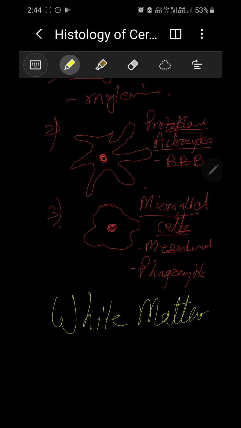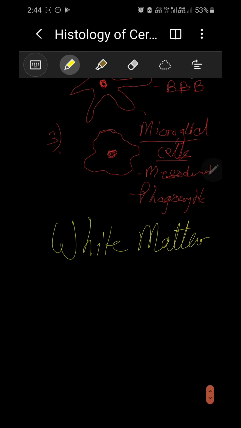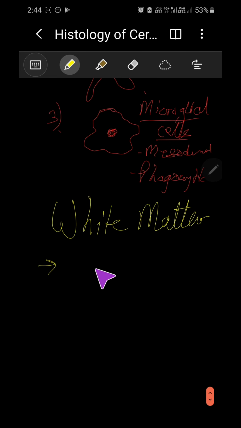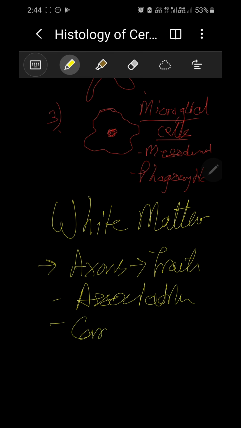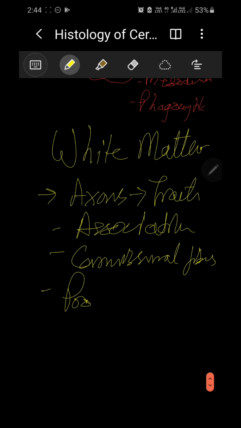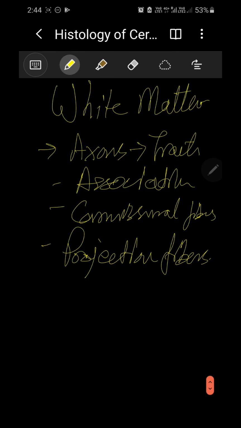White matter is axons forming tracts, and they may be association fibers, commissural fibers, or projection fibers. Like you must have been taught, association fibers connect different areas of the same cerebral hemisphere.